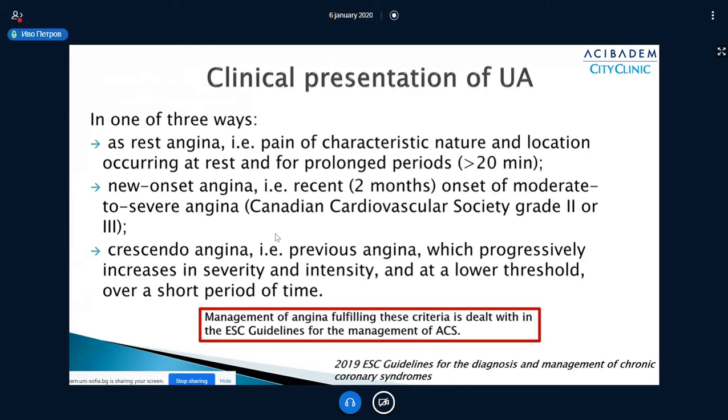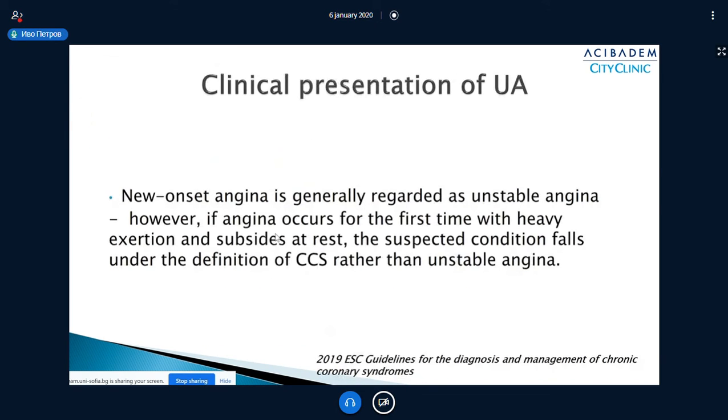That can be non-STEMI, so these are the patients with ECG changes that are not related to elevation of the ST segment, or STEMI, these are the patients with myocardial infarction with ST elevation on the ECG. So the most important is to take a look at the clinical presentation and also the ECG and the laboratory results.